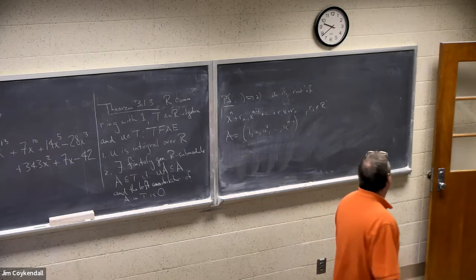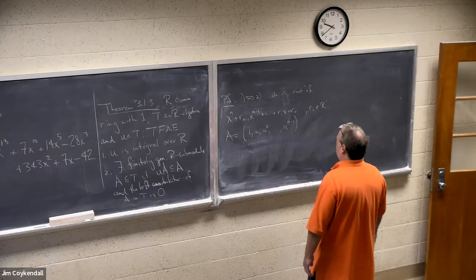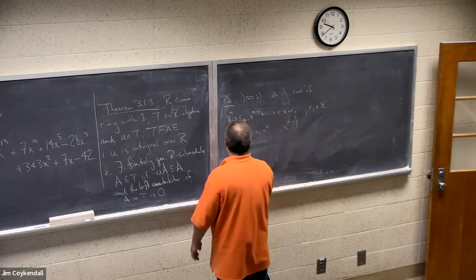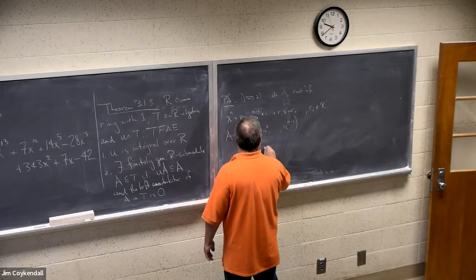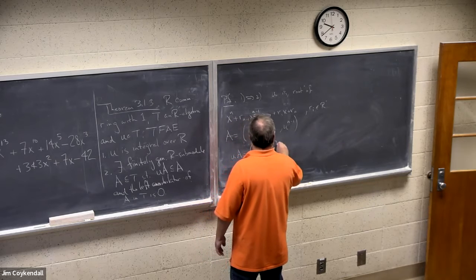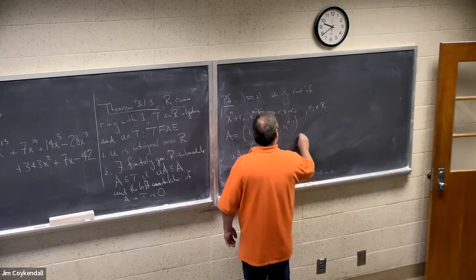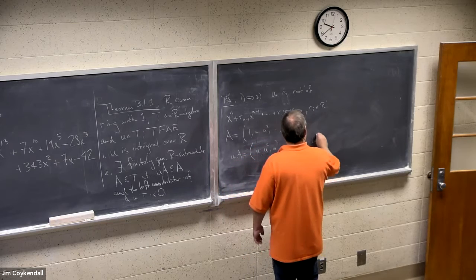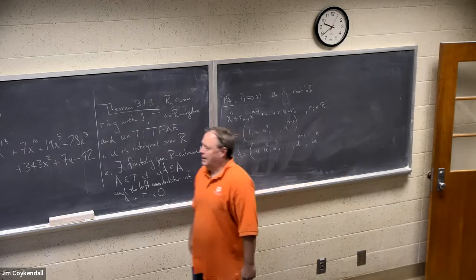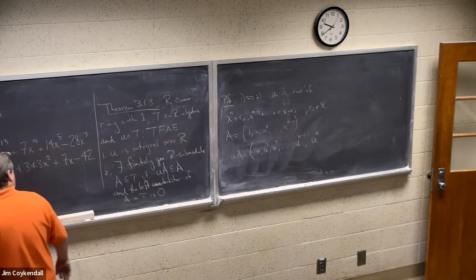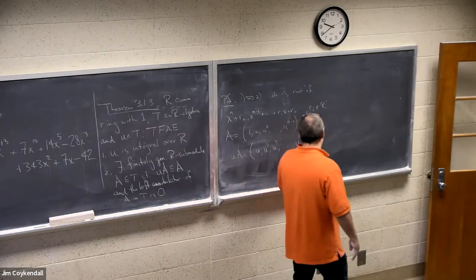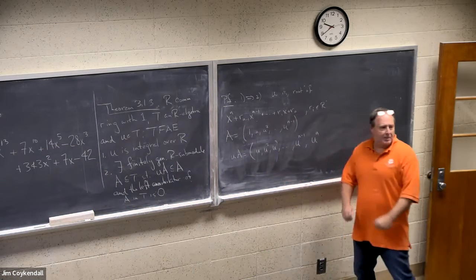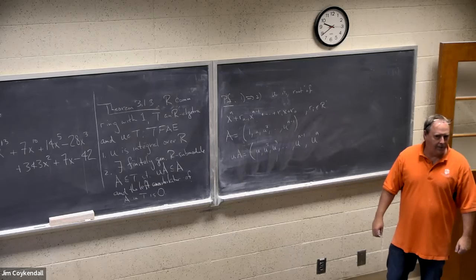Now, I claim that UA is in A, so let me demonstrate that. I think we'd all have to agree that UA is generated by those n elements where I'll kick the power up by 1, right?